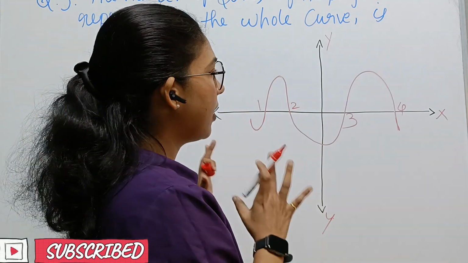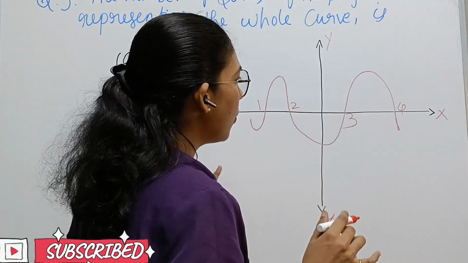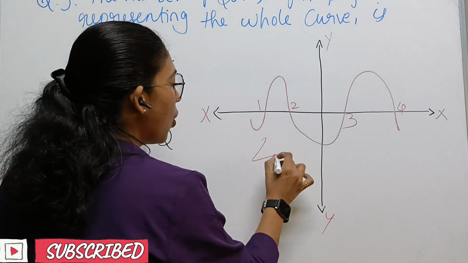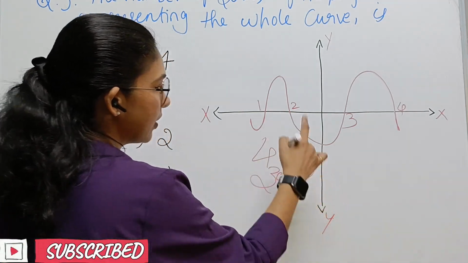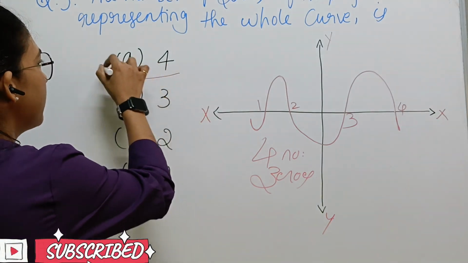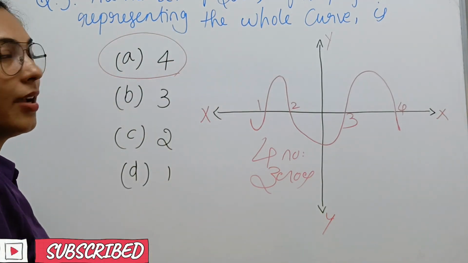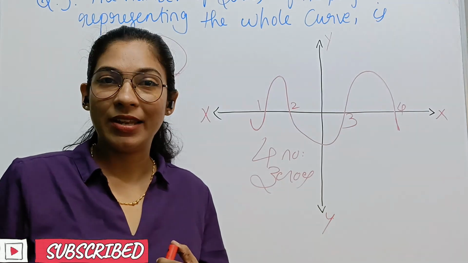That is, this curve touches 4 times on the x-axis. Okay, so which means there are 4 zeros. So in this polynomial there are 4 zeros, which means option A is the right answer. Okay, so let's move on to the next question.